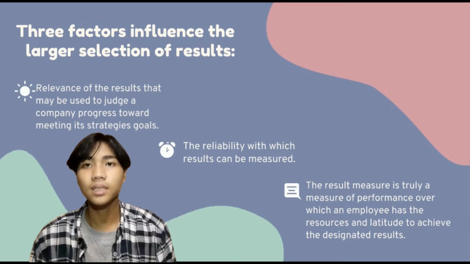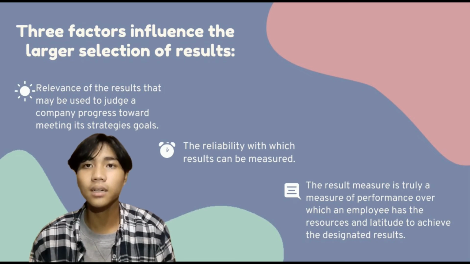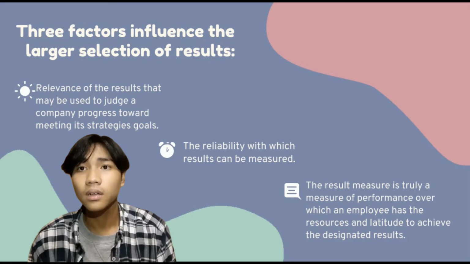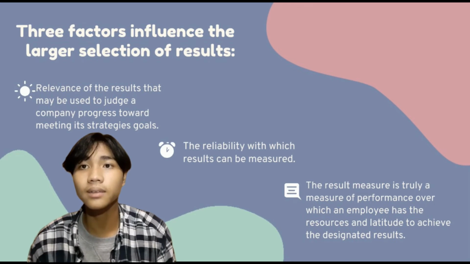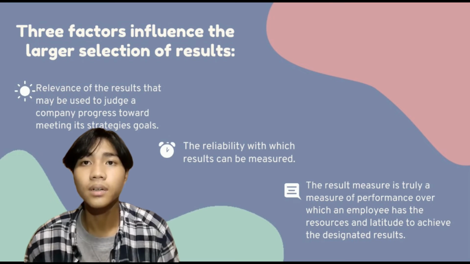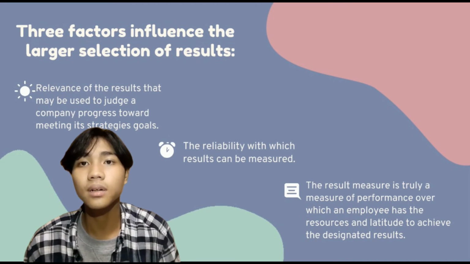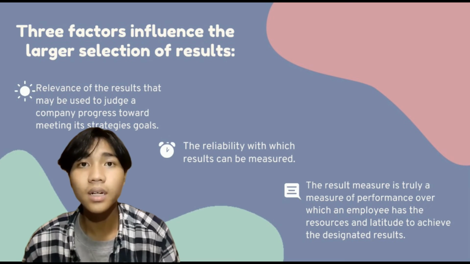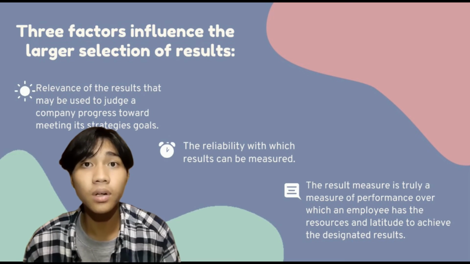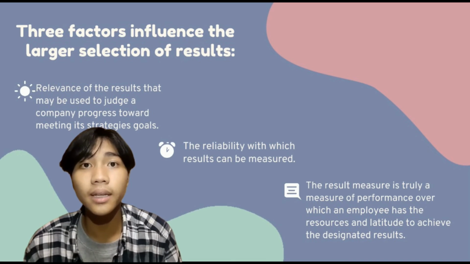Three factors influence the selection of results. First, the relevance of the result that may be used to judge a company's progress towards meeting its strategic goal. Second, the reliability with which the result can be measured. Third, the result must be a truly measurable aspect of performance over which an employee has the resources and the ability to achieve the desired result.